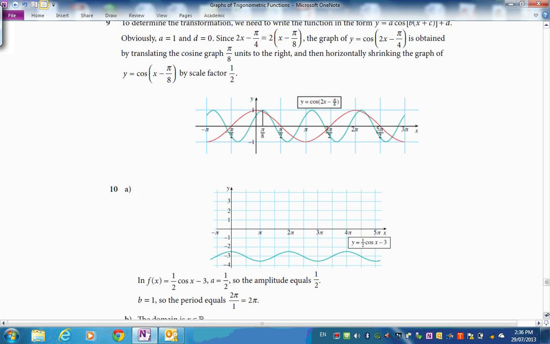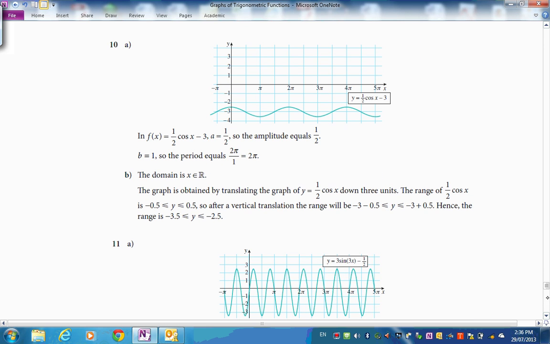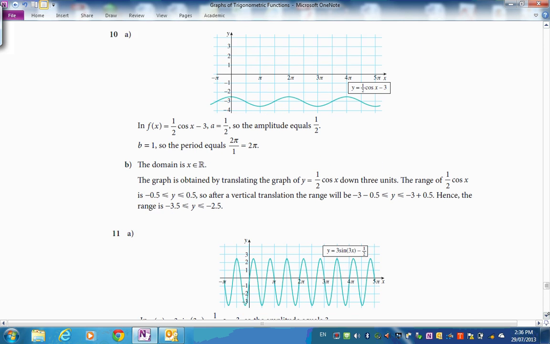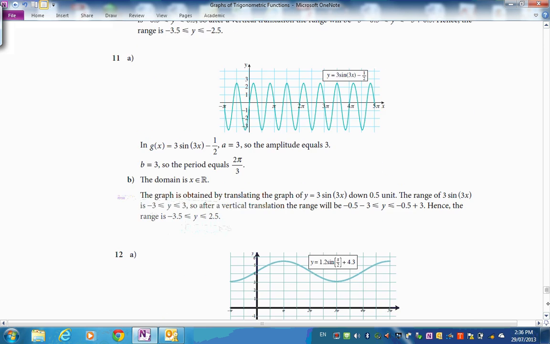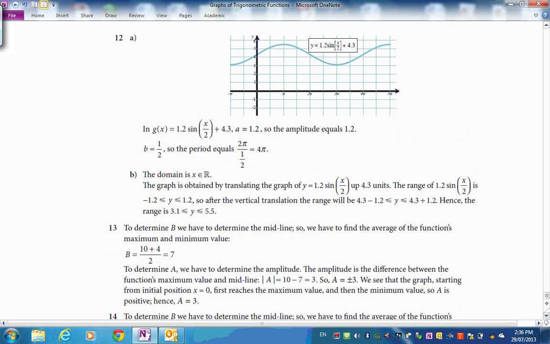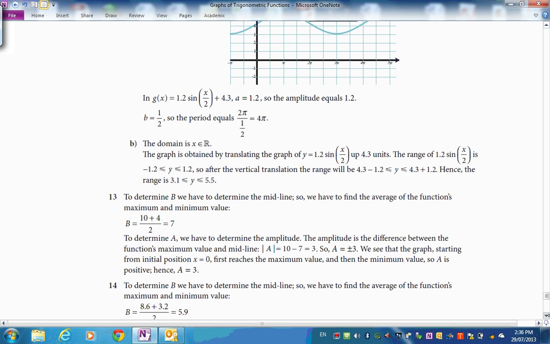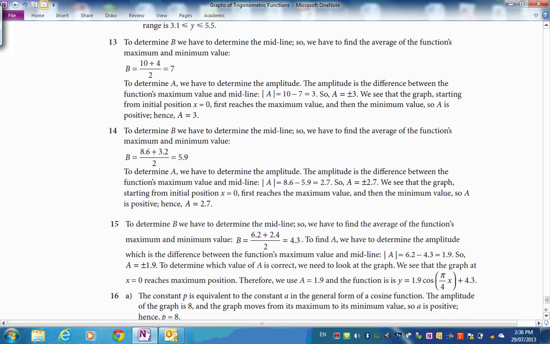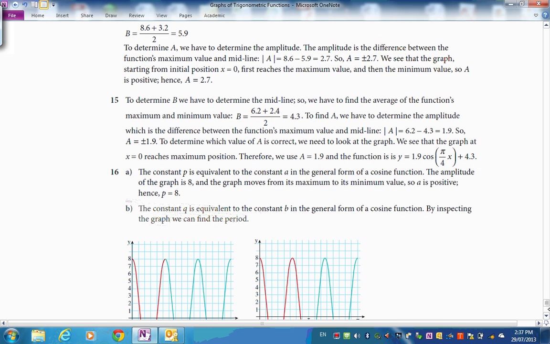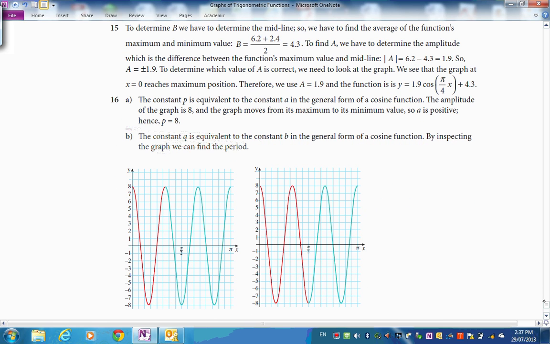We'll just come down, have a look at 10, 11, 12, 13 and 14 there, and 15, we'll just sneak it in I think, 15 and 16.